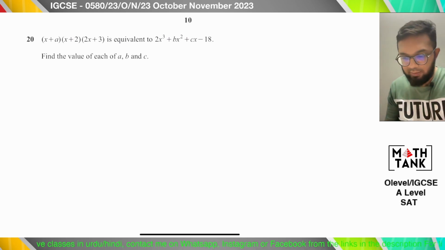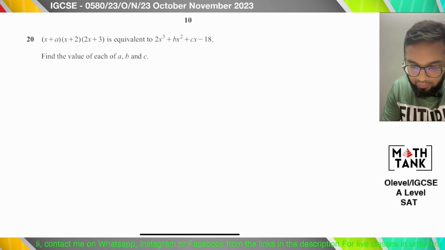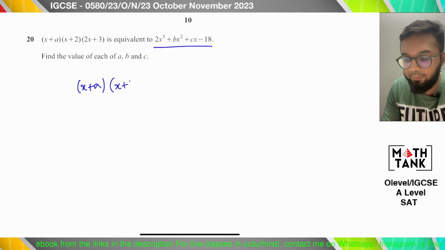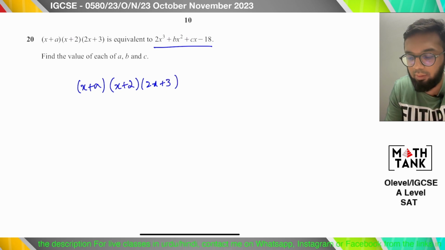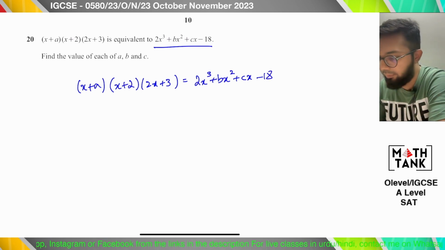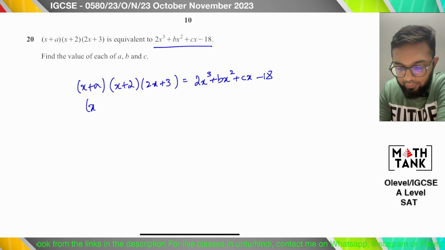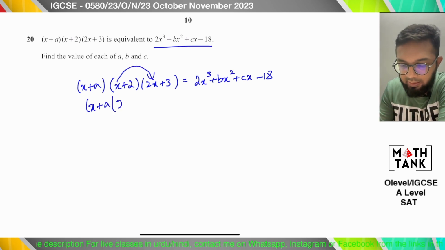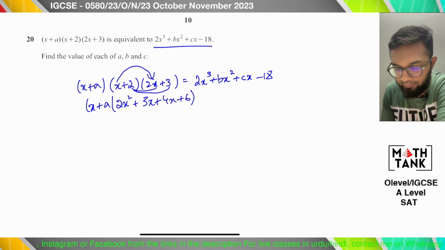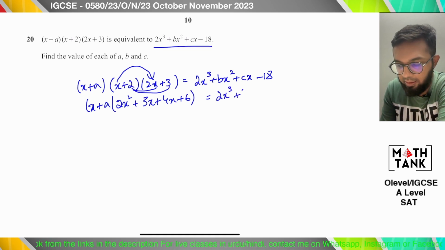Calculate the value of A, B, and C. Whenever you have such questions, instead of trying to factorize this, we're going to do a comparison of terms on both sides. So let's do x plus A, and I multiply this. This becomes 2x squared plus 3x plus 4x plus 6, equal to 2x cubed, bx squared, cx minus 18.